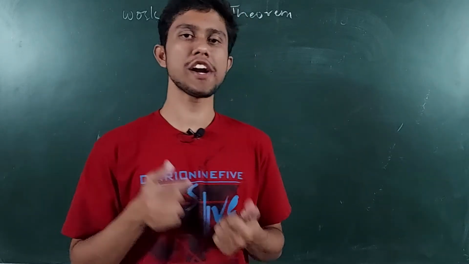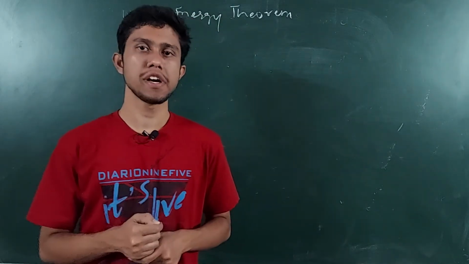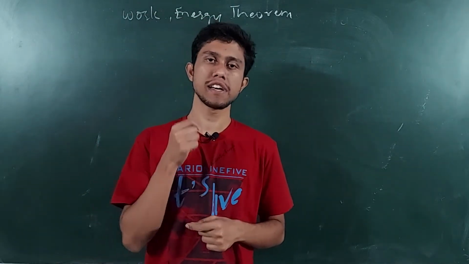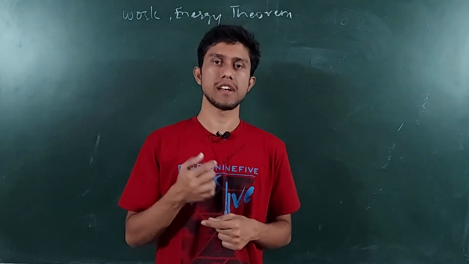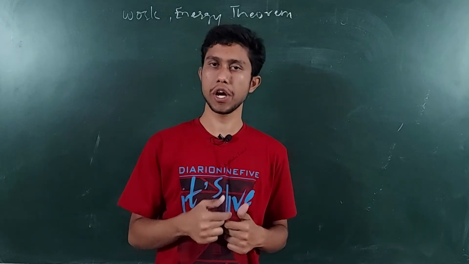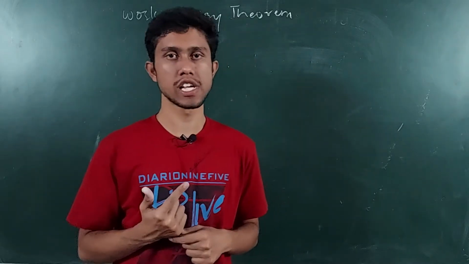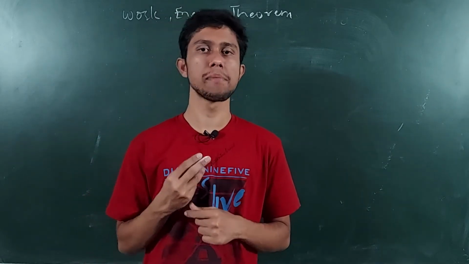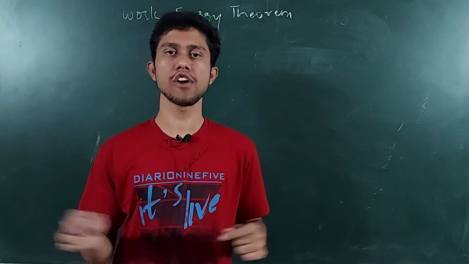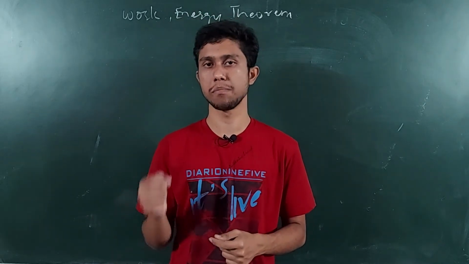So what is the definition of the work energy theorem? The work energy theorem is defined as: the work done by any object or on any object by any force, be it a conservative force, a non-conservative force, an external force, or an internal force, work done by any of these forces on the body is equal to the change in kinetic energy of the body.